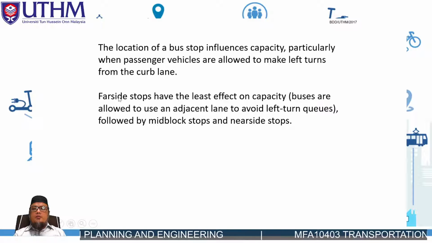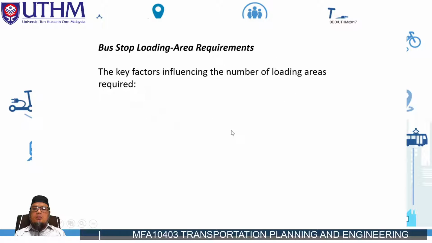Far side stops have the least effect on capacity. Buses are allowed to use the adjacent lane to avoid left turn queues, followed by mid block stops and near side stops.